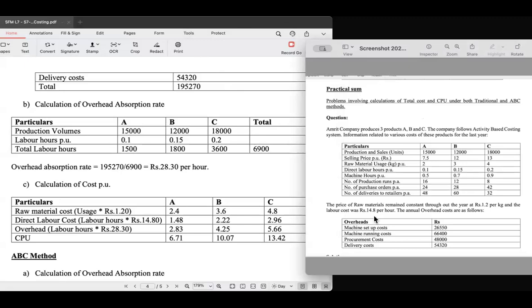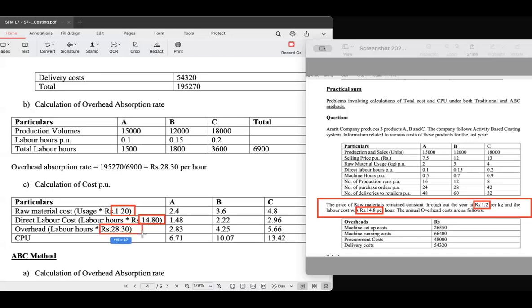Yes, it is given in the paragraph here. The price of the raw materials remained constant throughout the year, and it is 1.2. And the labor cost was 14.8. And now we have overhead 28.3. We found the OAR.